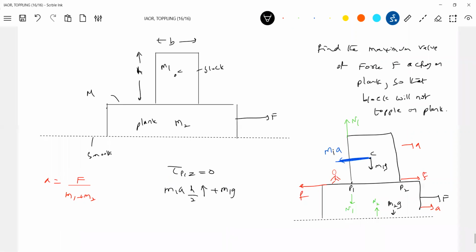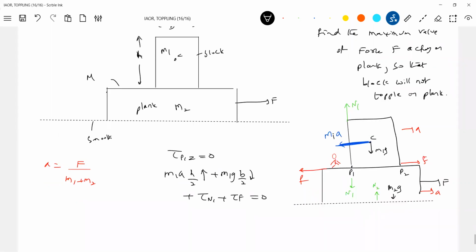Torque due to weight m1g into B by 2, clockwise, equal to 0. Why is there no torque due to friction and N1? They intersect the axis of rotation. So if you write all this, set equals 0. So what happened? This will be m1a H by 2 positive. This will be negative. This will be 0. This will be 0.